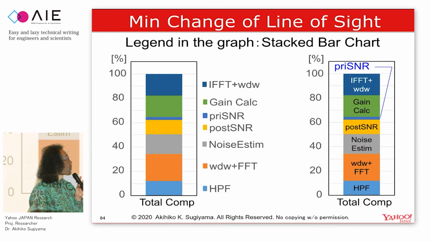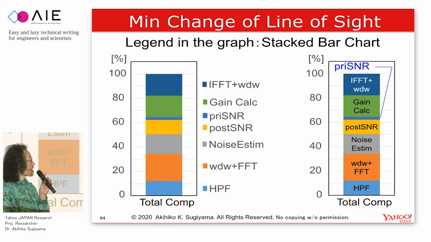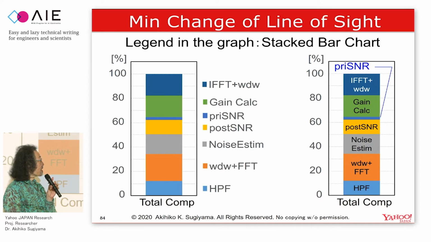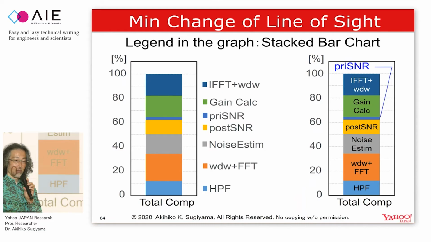Now, minimum change of the line of sight. What can you do? Legend in the graph is very useful technique. For example, this is the original stacked bar chart. You may easily make it by, for example, Excel. But it's not easy.